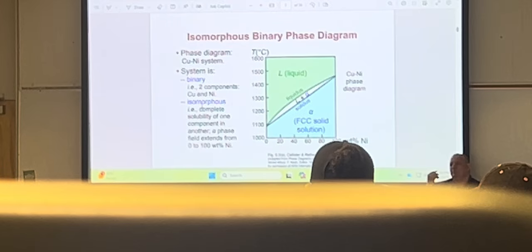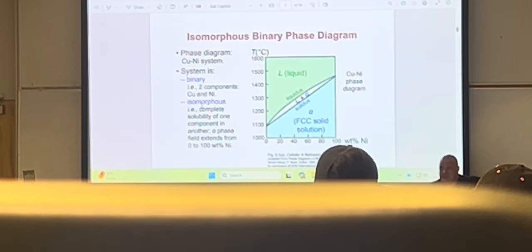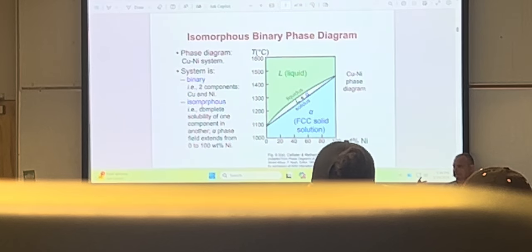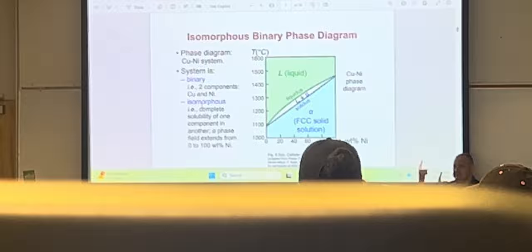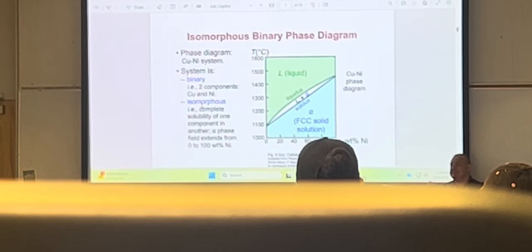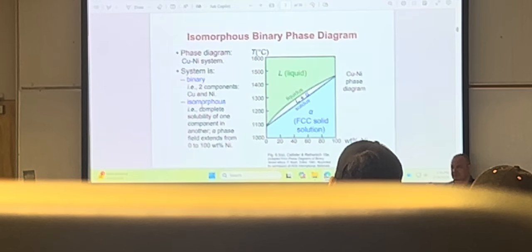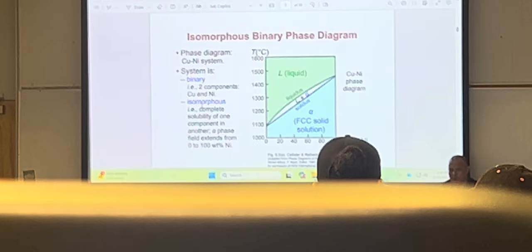So if I ask you, what effect does nickel have on the properties of the alloy, adding nickel to copper? Look at this. What does it do with the melting temperature? It increases. In this particular system. Because we're going to look at other types where it is actually the opposite, which is very cool.